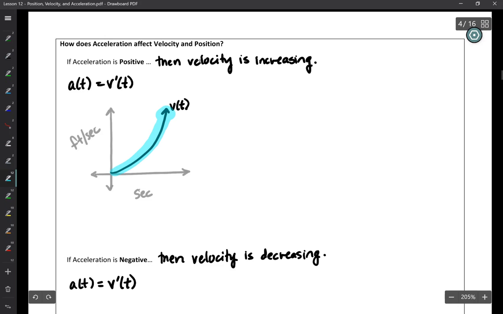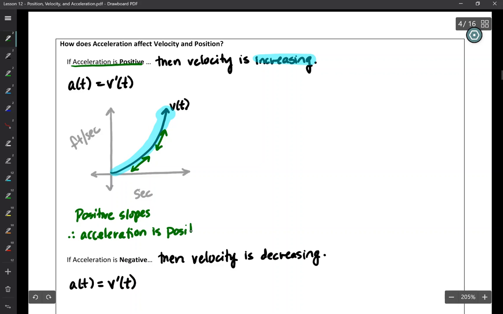And all of the slopes of the tangent lines to the velocity curve are positive. Right? So if the slopes of the tangent line to the velocity curve are positive, acceleration has to be positive.